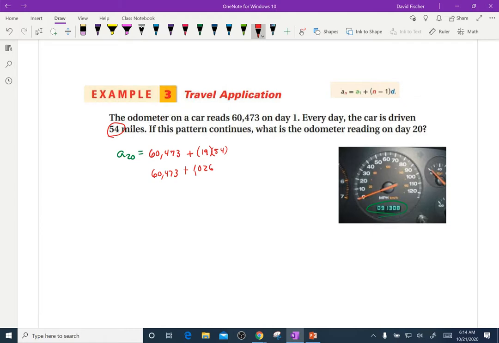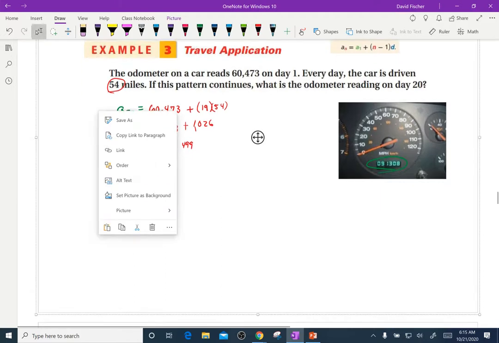So I got that number in my calculator, so I'm just going to add 60,473. And I'm getting A sub 20 equals 61,499. So now we have to answer word problems with word answers.